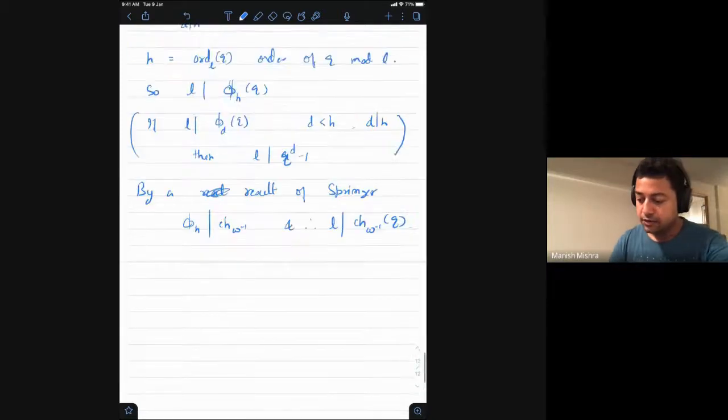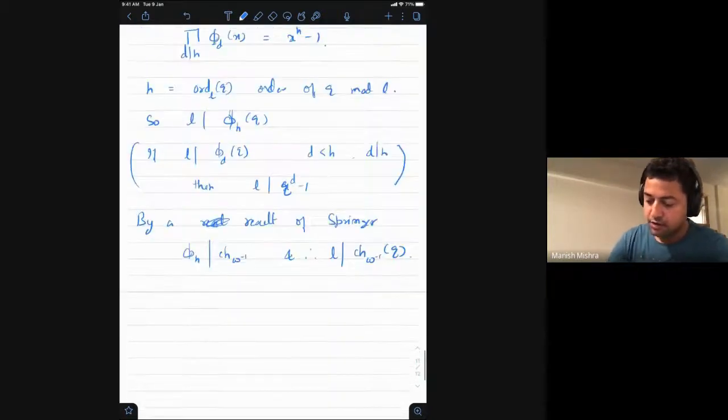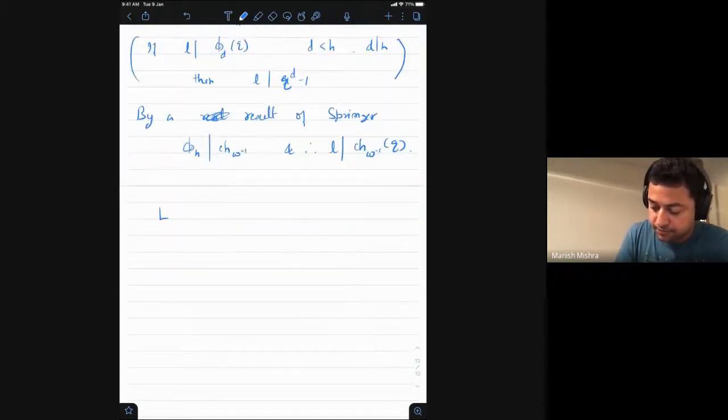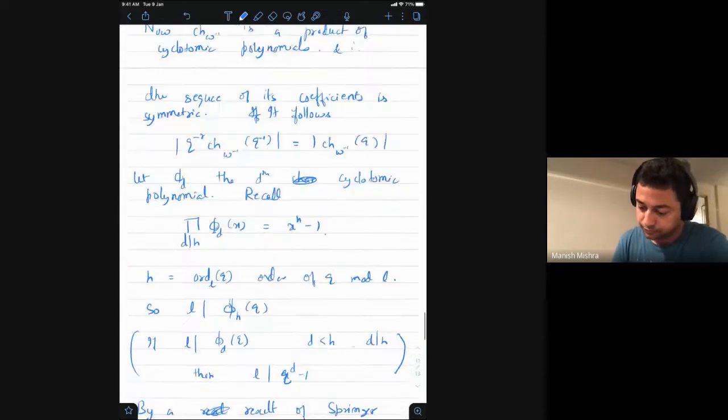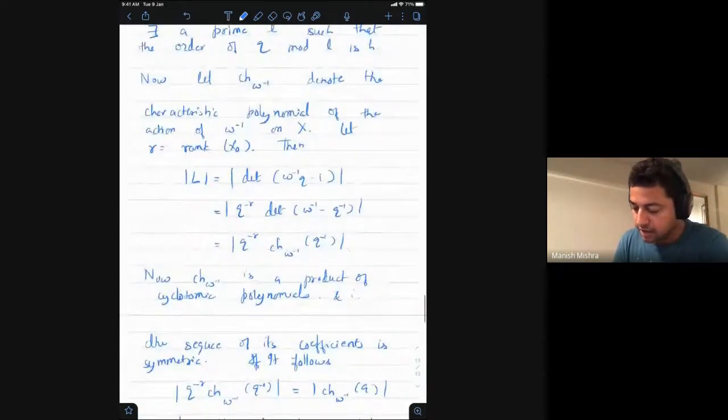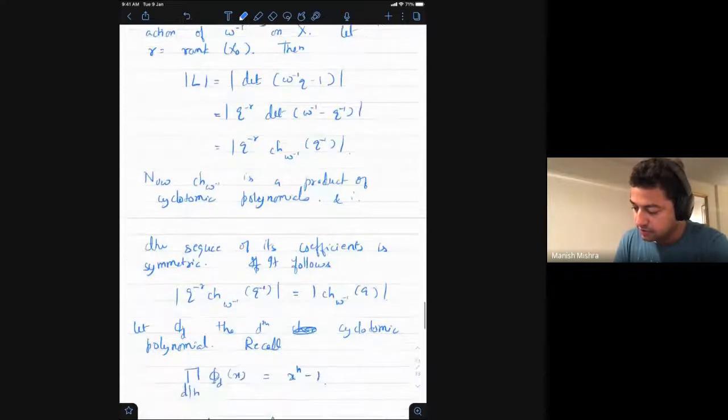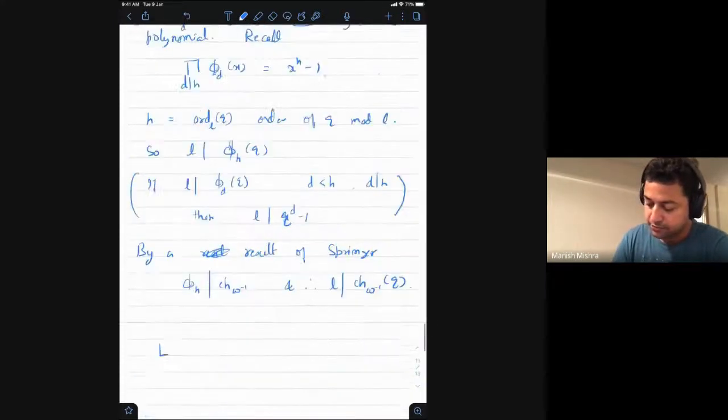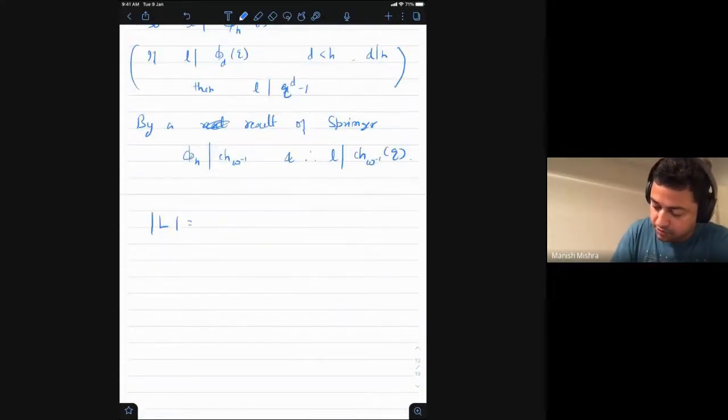Okay, so what does that mean? The cardinality of L was ch_omega inverse(q).